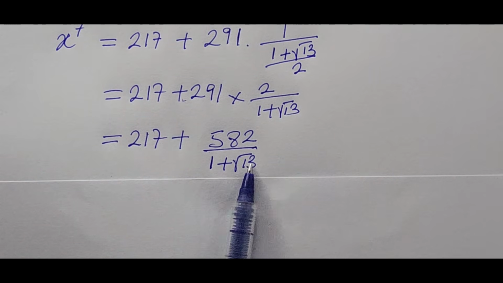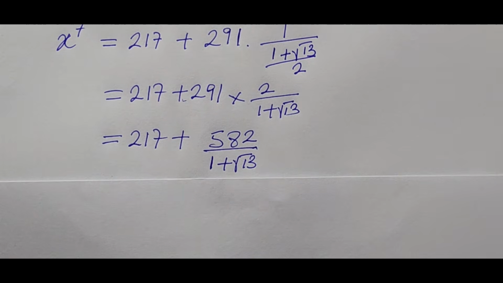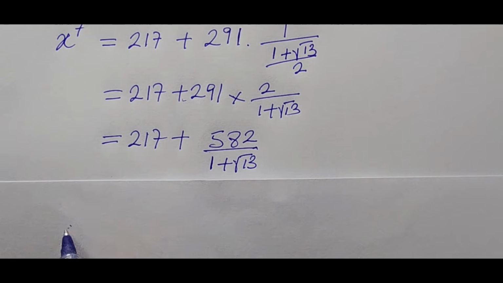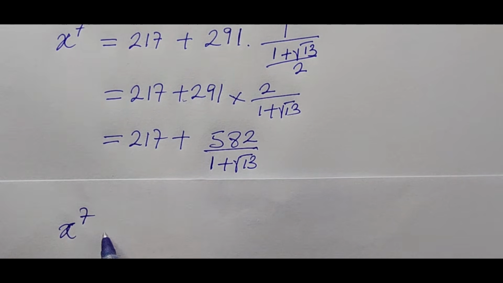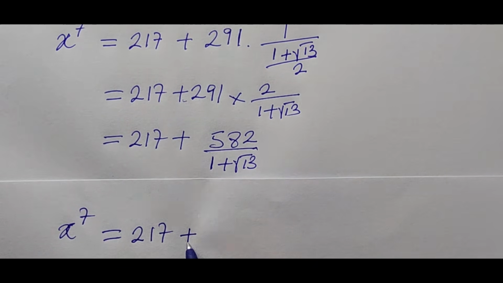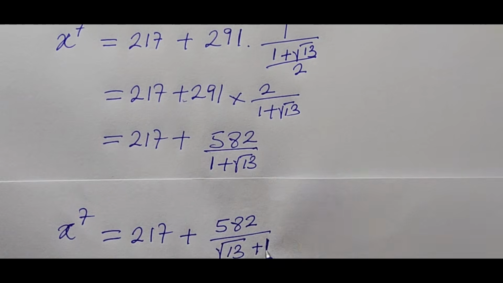And before we do that, we just have to rewrite this because this is greater than this. So rewriting this is going to give us x to the power of 7 is equal to 217 plus 582 then all over root 13 plus 1.